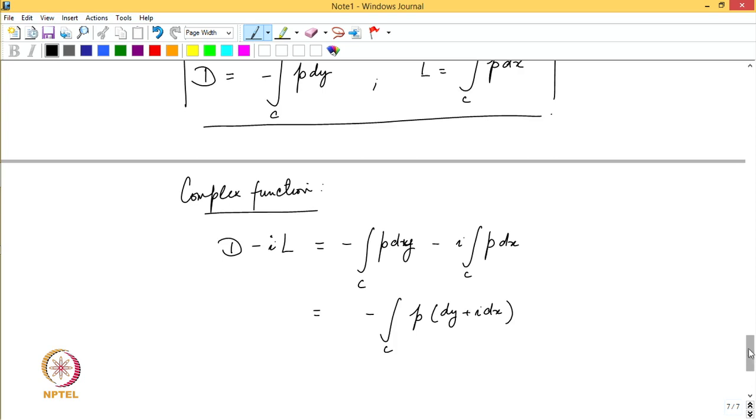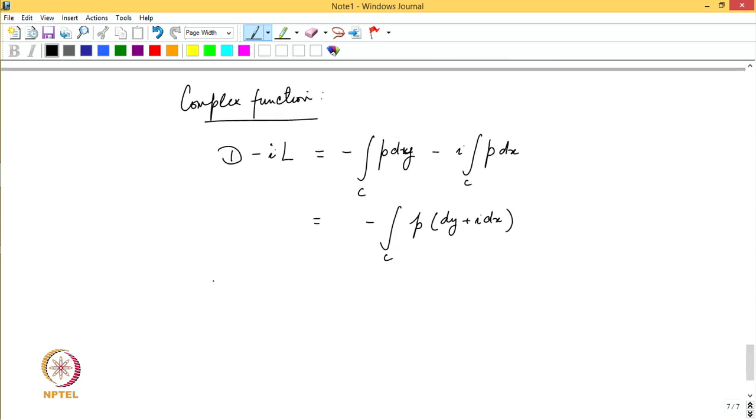Okay. Now, note something very special here, that dy plus i dx, which I can write as minus iota square dy plus iota dx, which could be written as, if I pull the iota outside as a common factor, we get dx minus i dy.